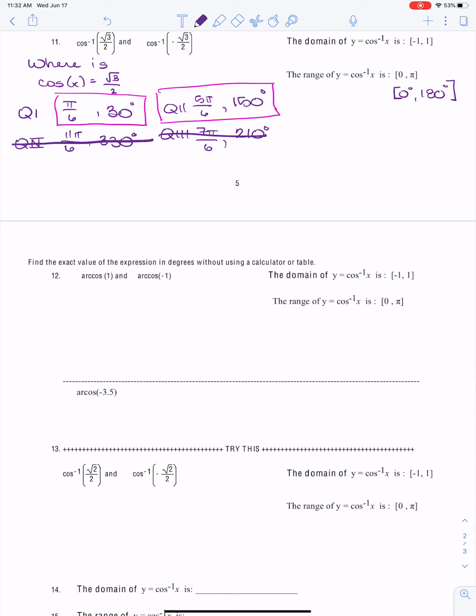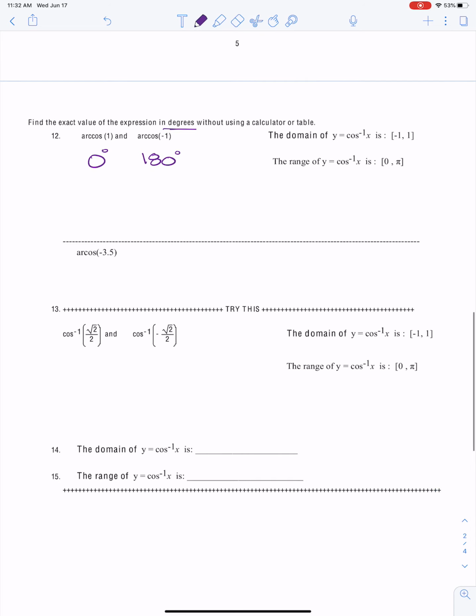12, arc cosine of 1. Where is the cosine 1? That happens at 0 degrees. Okay. So here we're asking for the expression in degrees. Where is our cosine negative 1? That happens at 180 degrees. That makes sense that the bounds of our domain match up with the bounds of our range.